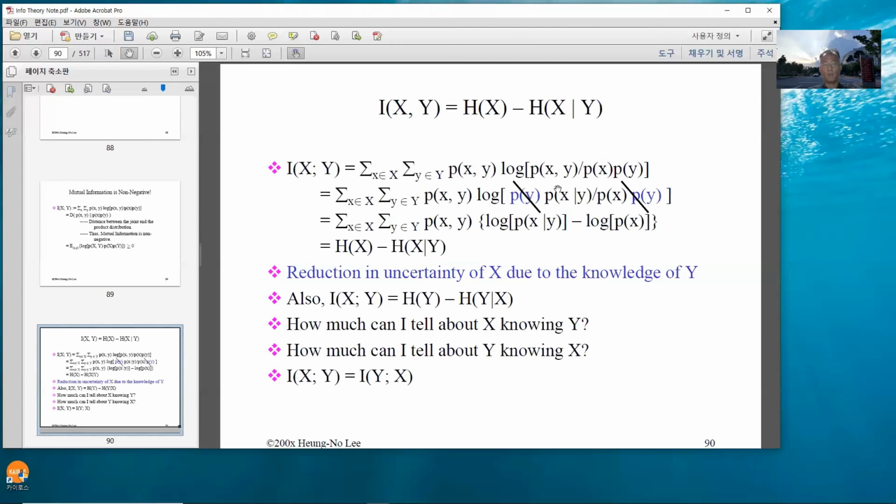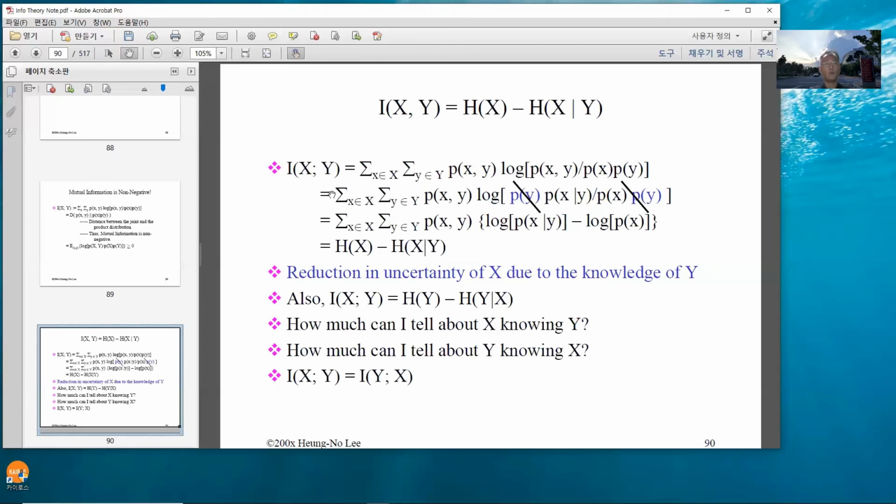But we could have done conditioning on X. In such a case, this becomes Px times Py given X. In such a case, Px will be cancelled, and then the conditional distribution will be Py given X, which will give you H of Y given X. And this part right here, P of Y will give rise to entropy of Y. So that can also be written as entropy of Y minus entropy of Y given X.